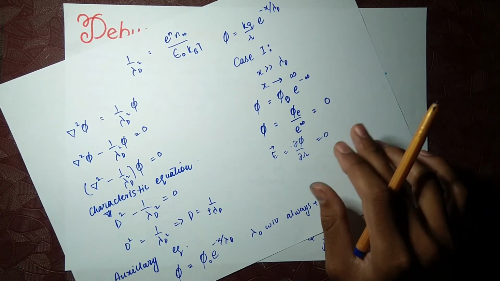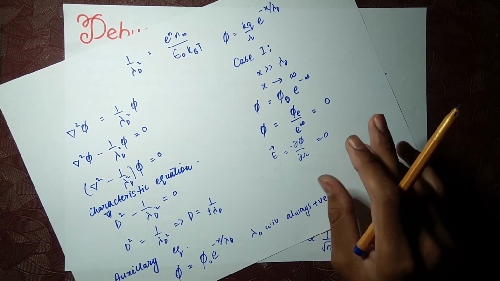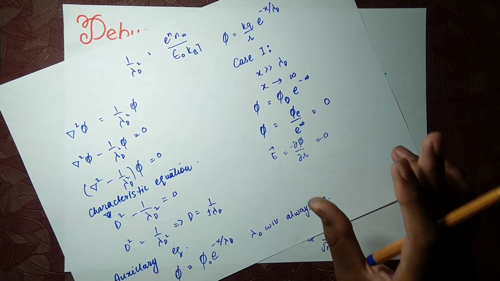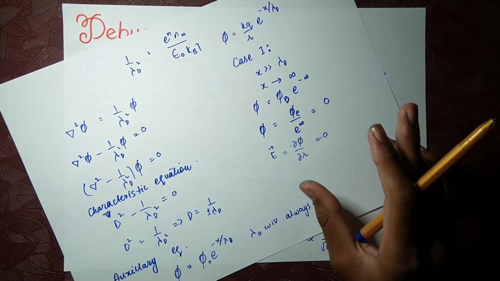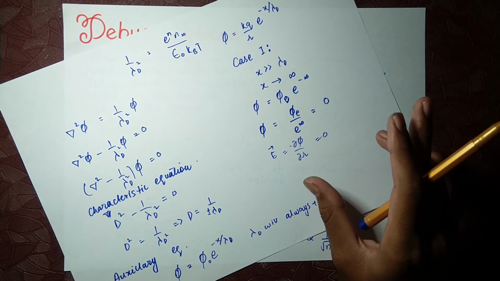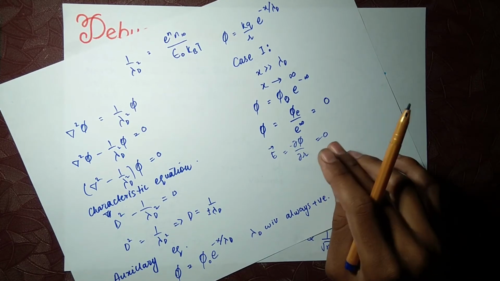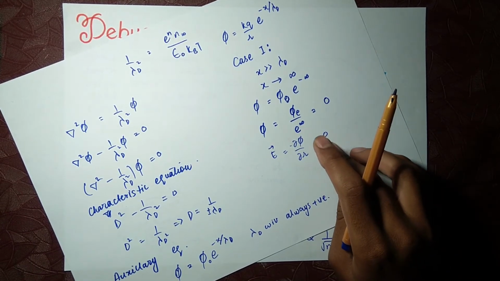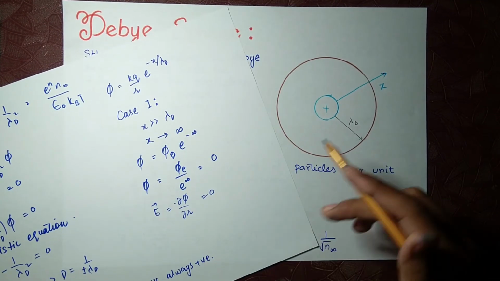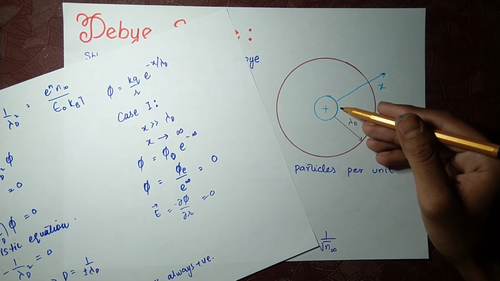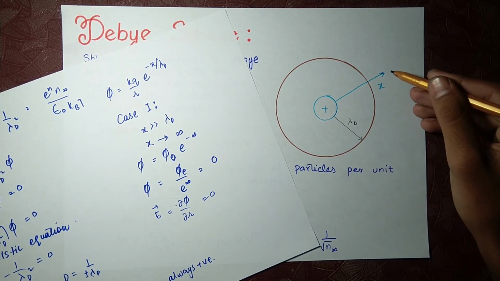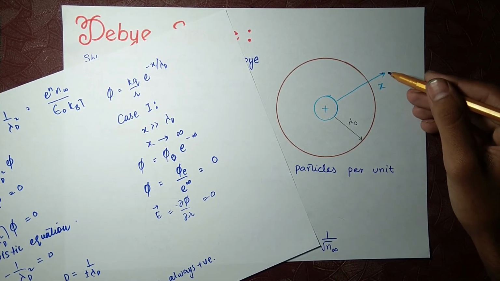In our previous lecture on Debye shielding, we already discussed what perfect Debye shielding is, and when the Debye shielding is perfect and when it is not. When this value equals 0, we have perfect Debye shielding, meaning this positive ion has no impact or effect on a particle placed here.